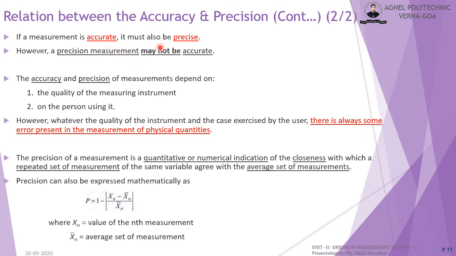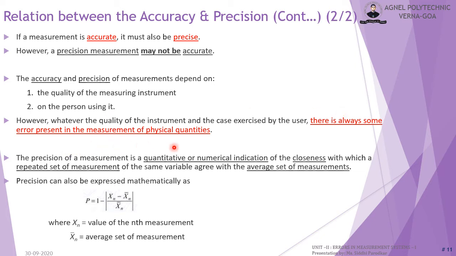That is, a precise measurement may not always be an accurate measurement. Accuracy and precision of the measurements depend on the quality of the measuring instrument and on the person using it. However, irrespective of the quality of the instrument and the way the user operates it, there is always some error present in the measurement of physical quantities.